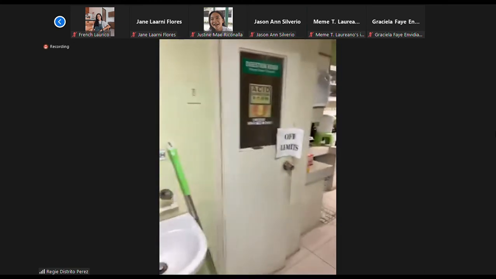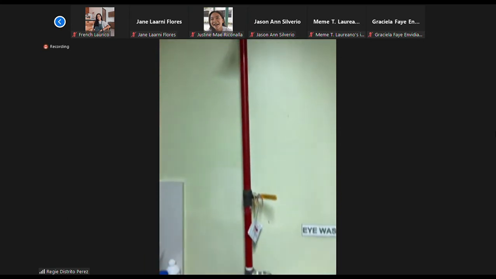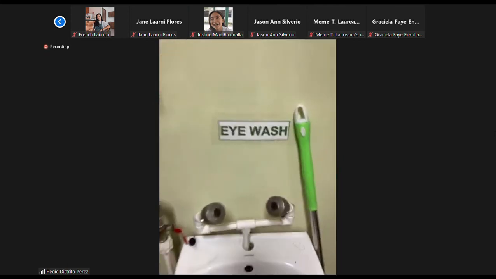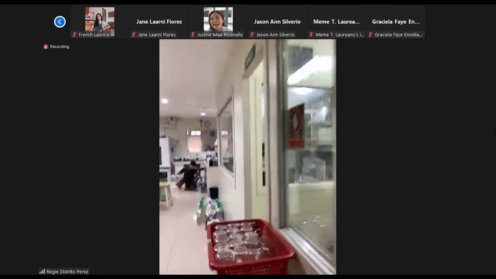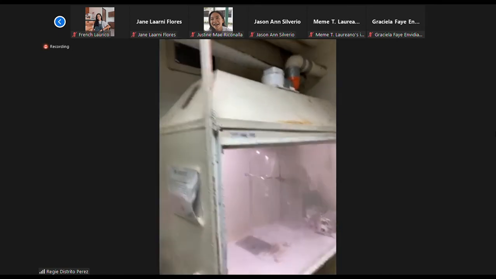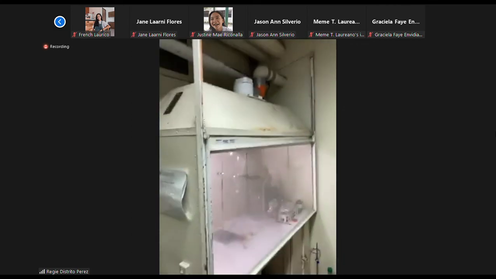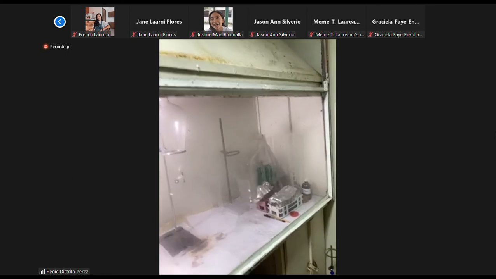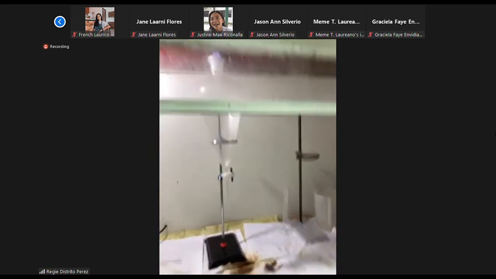Also important inside the laboratory is an emergency shower in case of accident or something spills on the body, and also the eye wash, important. Also the PPE cabinet. Last part is the oil and grease area. It has its own fume hood. And this is the area of oil and grease.